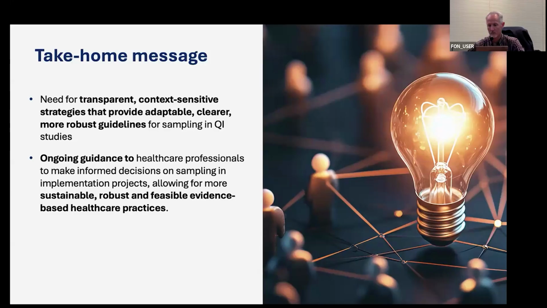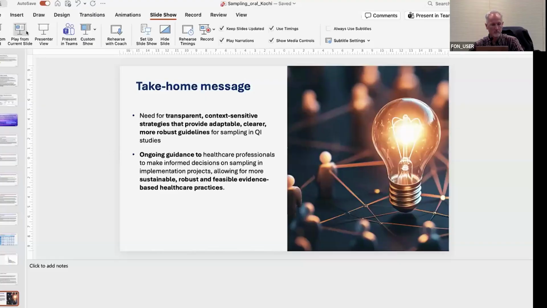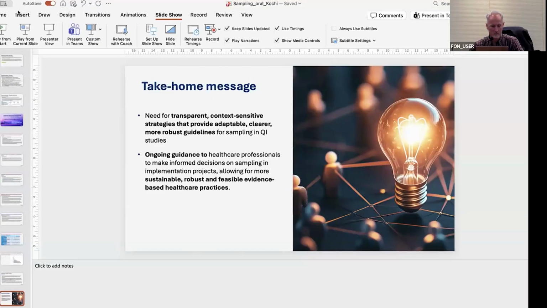We use that to evaluate the process of care, as the baseline assessment.